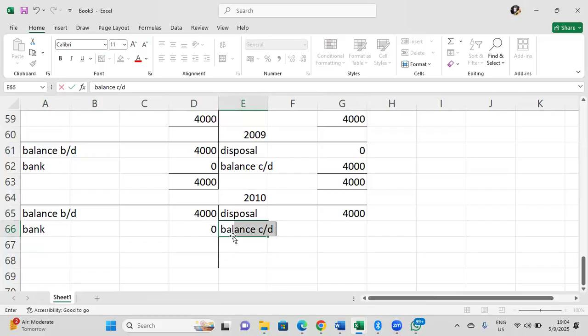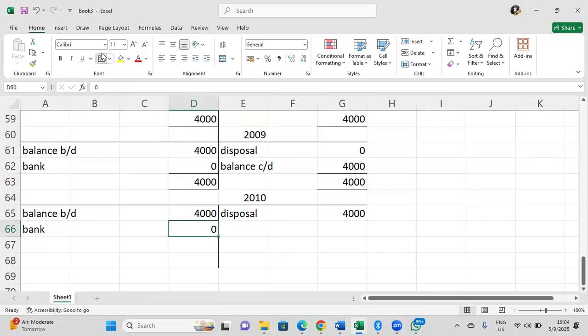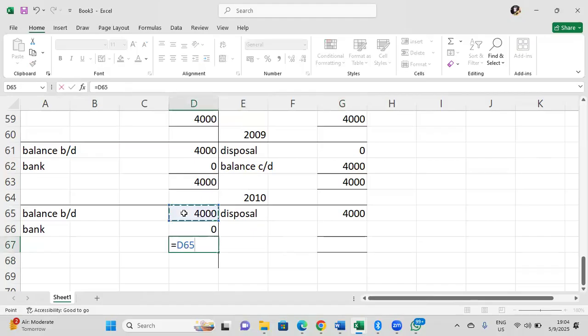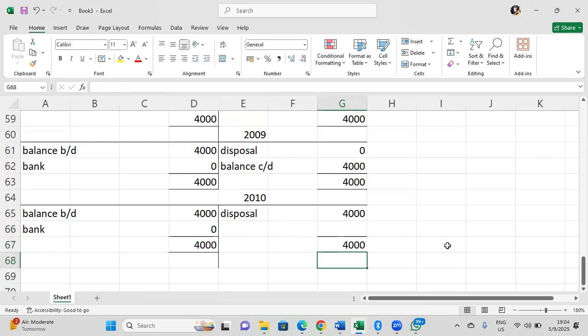Then if there is a difference, you put your balance CD. But for the year 2010, the debit and the credit are equal. In canonical accounts, if the debit is equal to the credit, we don't have a balance. So in this case, the debit and the credit are equal.